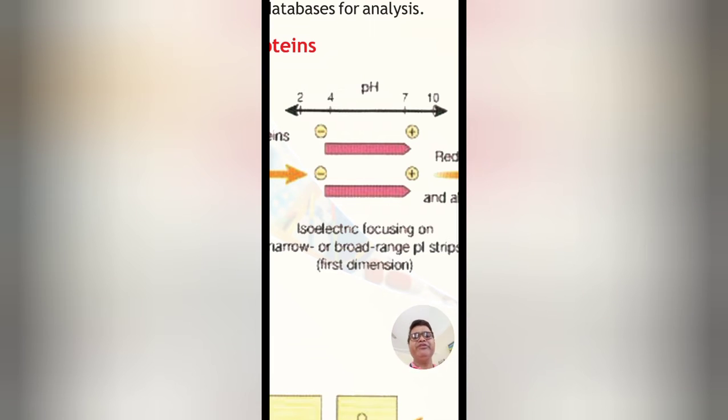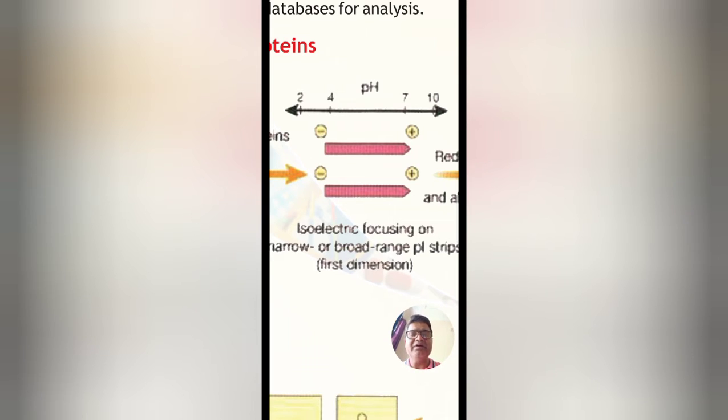When the proteins separate, it may be possible that more than two proteins become static at the same pI.